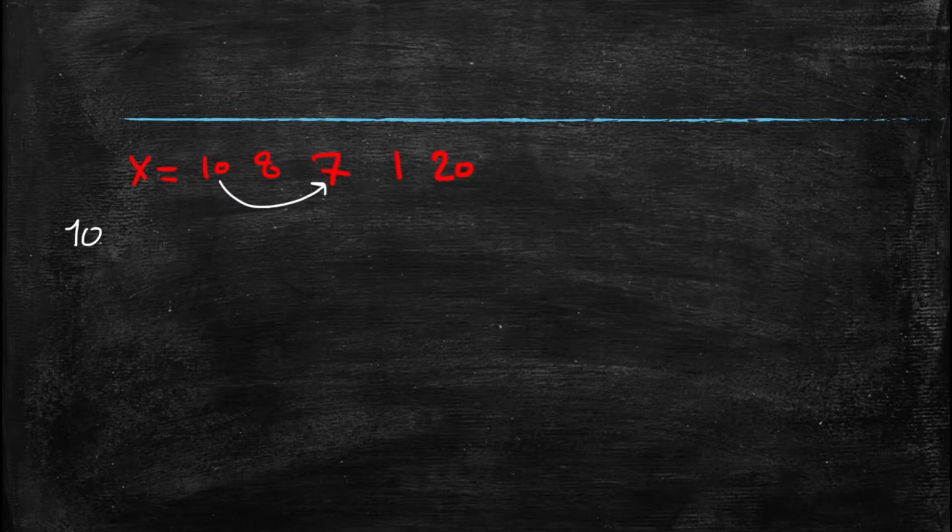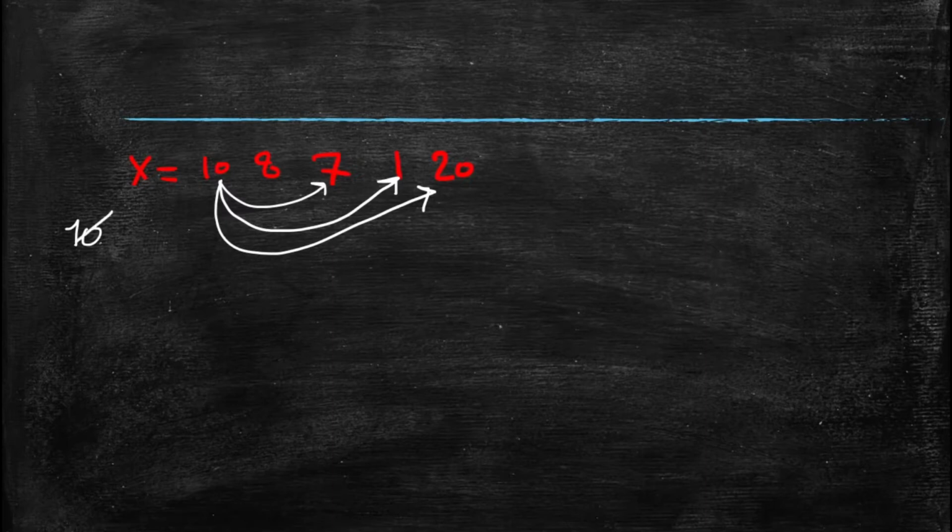So 10 is still my maximum. Compare it to the next one. Is it bigger? Yes. So 10 is still the biggest one. Compare it to 20, which is the end of my list. Is it still bigger? No, it's not. So who's bigger? 20. So 10 is no longer my maximum. Now 20 is my maximum.